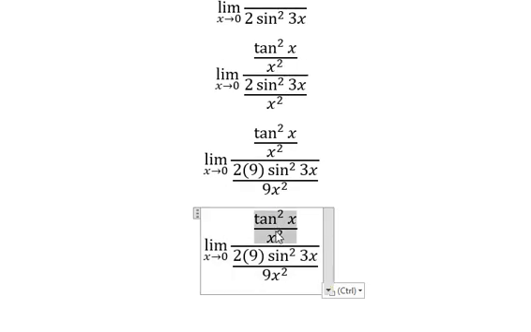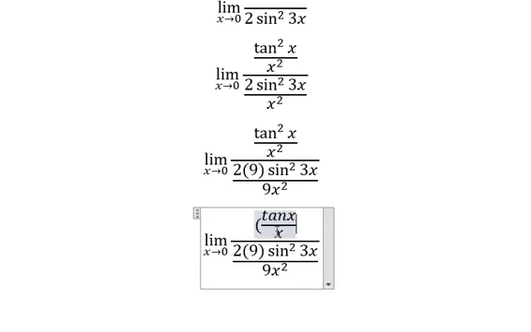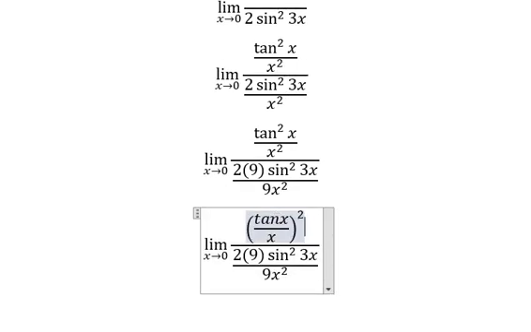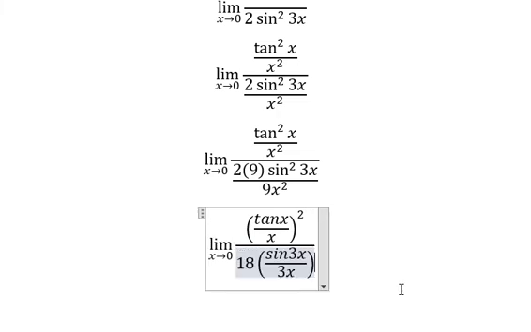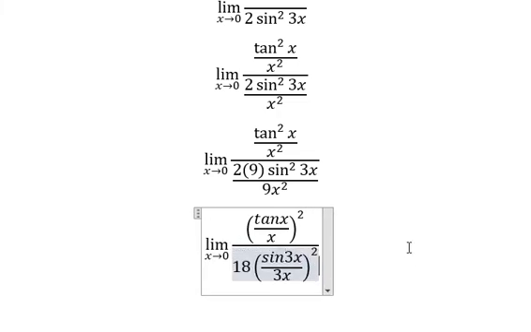Now this one, you got 10x over x to the power of 2. This one, number 2 with number 9, you got 18. And I will put sine 3x over 3x, everything to the power of 2.